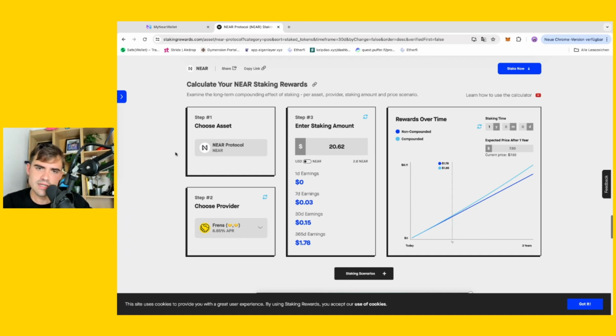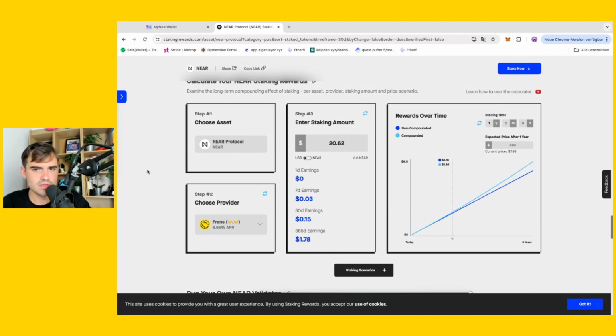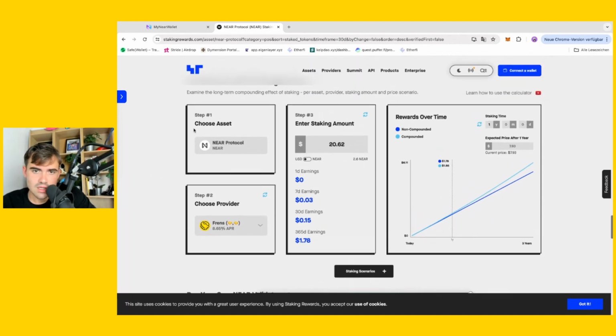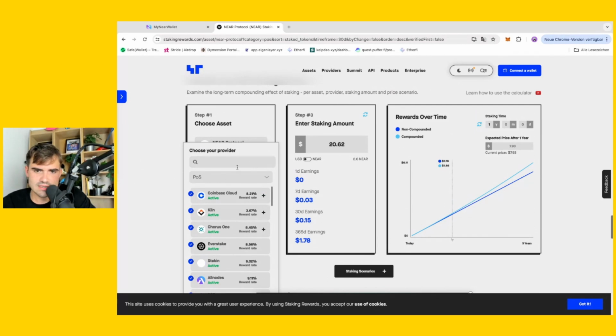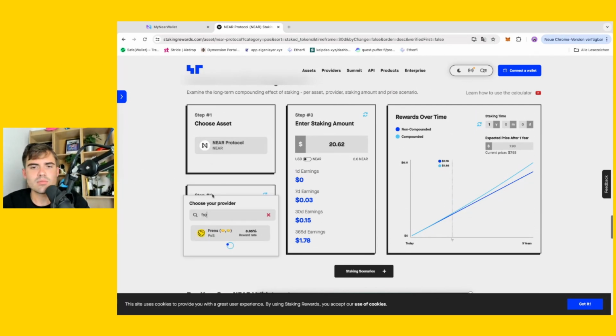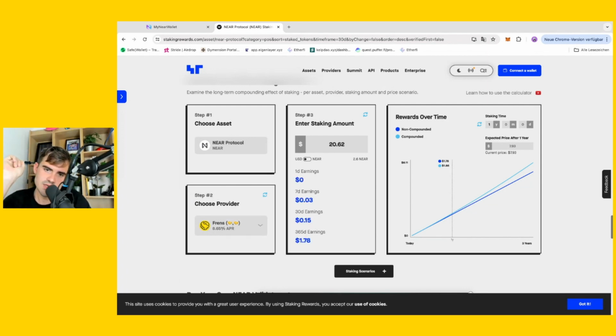And here we can see it. So here we have NEAR chosen as an asset, but again, there are lots of different other assets that you can try out on Staking Rewards. And then here you can choose your provider. All kinds of providers are listed here, for example, also Chorus One. But you can click on Friends Validator. And the interesting thing is also what I want to mention. And this is also extremely important if you want to choose your validator.